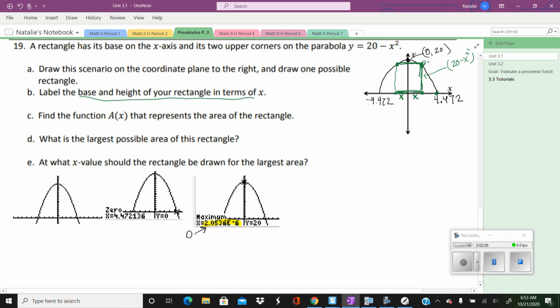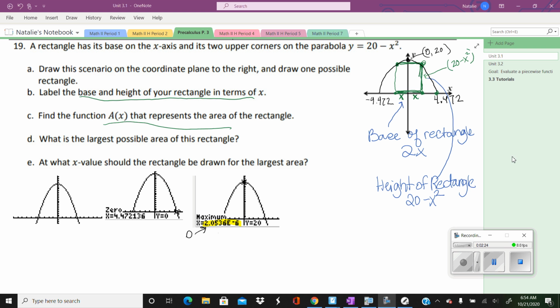Because we're expressing the area in problem C, we need to use these two quantities to express base times height of our rectangle. So I believe we have established that the base of our rectangle here is 2x. We have x plus x. The height of our rectangle then is 20 minus x squared, which is given by our function. Okay, so let's write this.